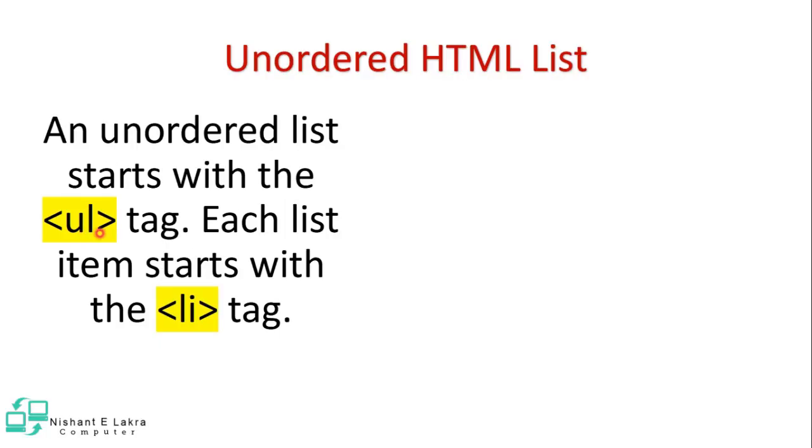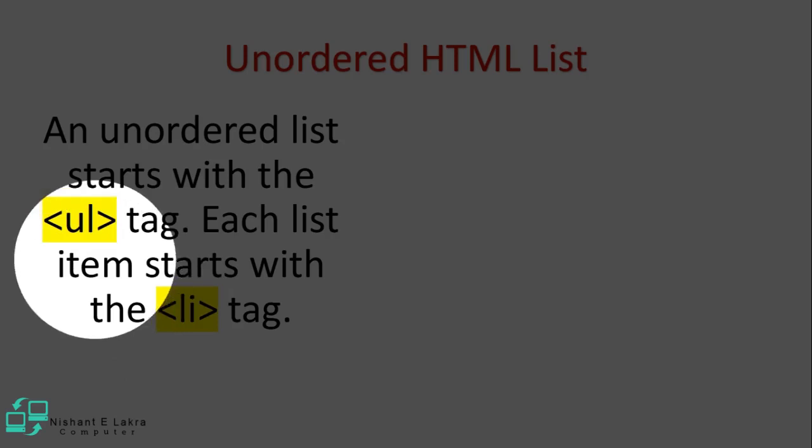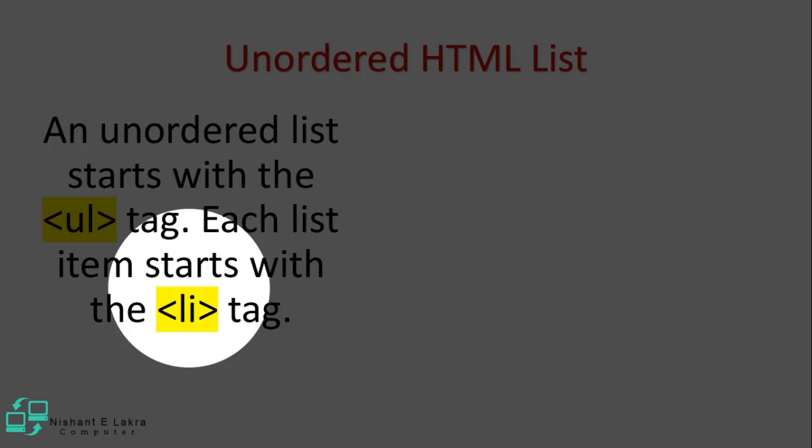And each list item starts with LI. First you have to write UL inside the angle bracket to start the unordered list, and once you start typing the list, you have to write LI inside the angular bracket before the name of the list item.